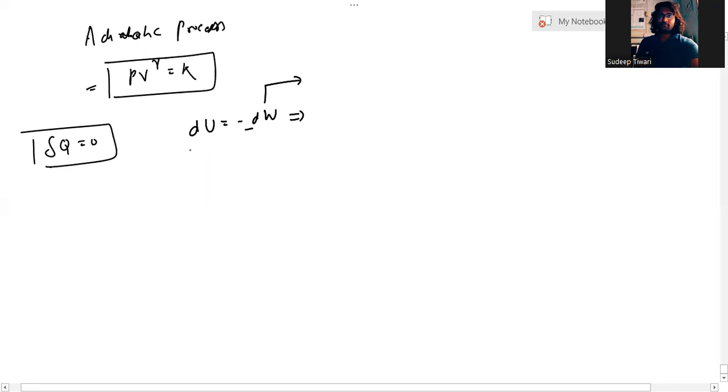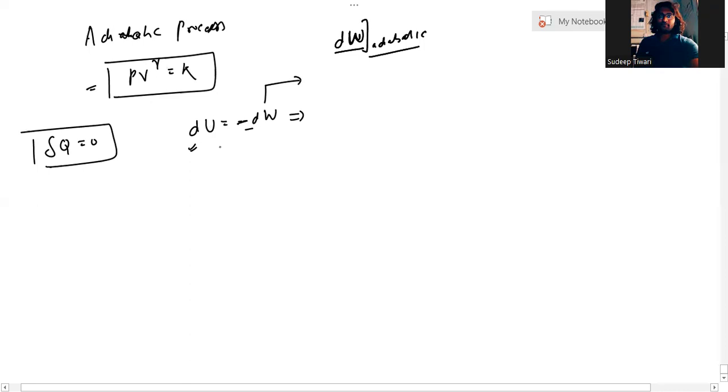So an increase in internal energy implies work is done on the system. Since dU depends on the initial and final points, the work done in an adiabatic process is also independent of the path taken. So when I'm talking of work done in an adiabatic process, it becomes independent of path taken, and therefore it becomes a state function, a thermodynamic state of the system, because then dW is called by a special name, a change in the internal energy.